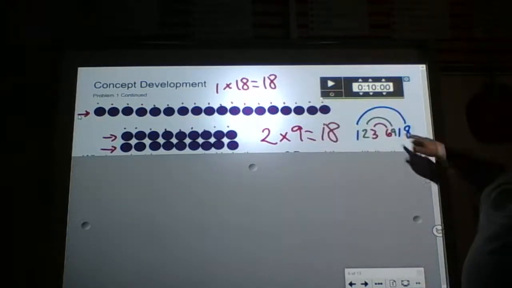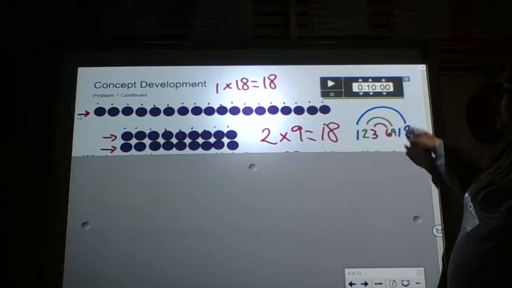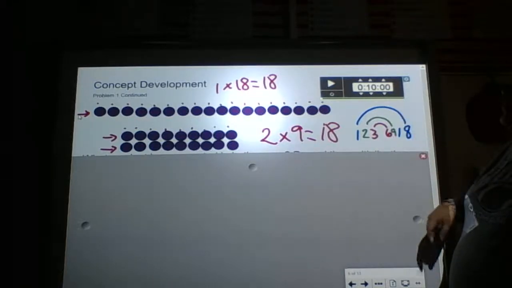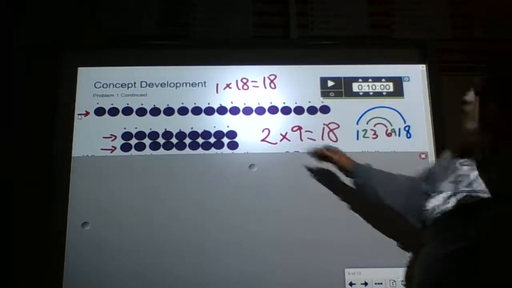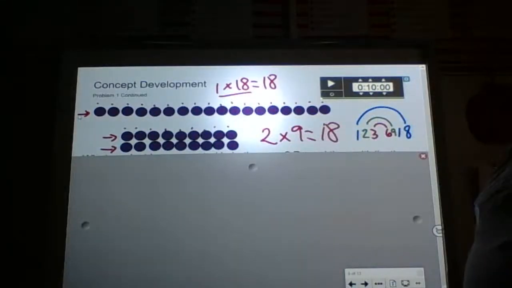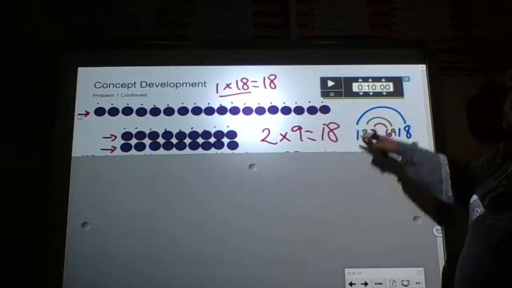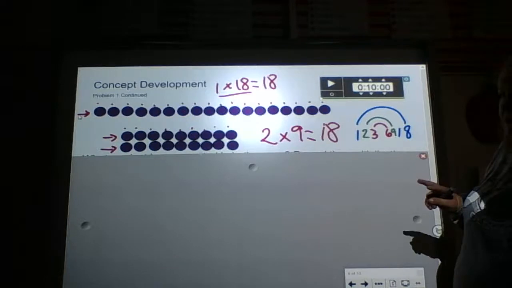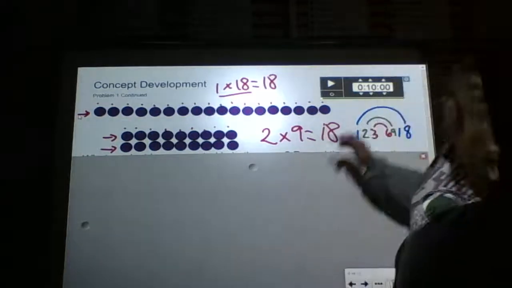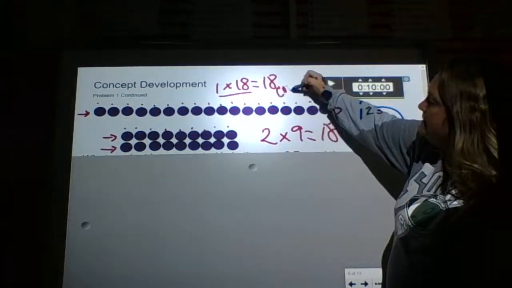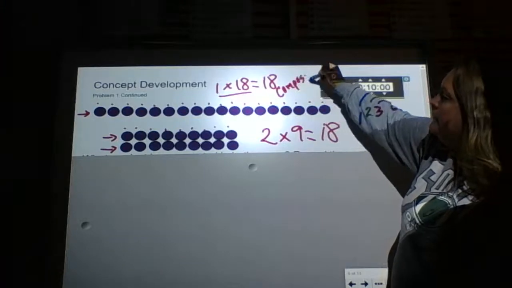So because it has more than one arc on the rainbow and more than one set of factors, more than just 1 times 18, what do we call that type of number that has multiple factors, more than just 2 factors? Yes, we would call 18 a composite number. Composite.